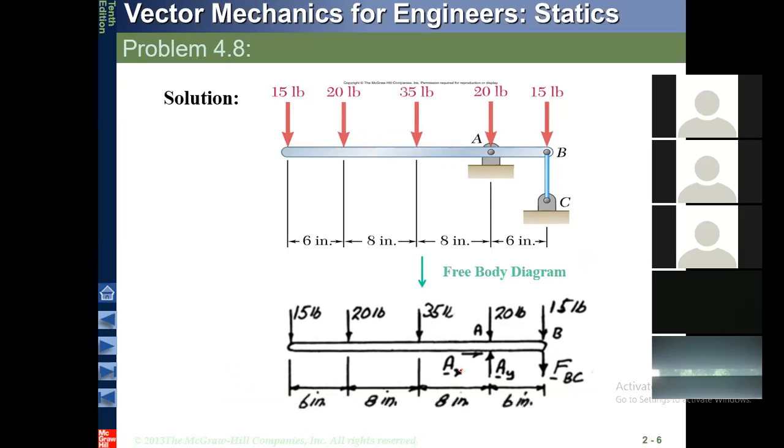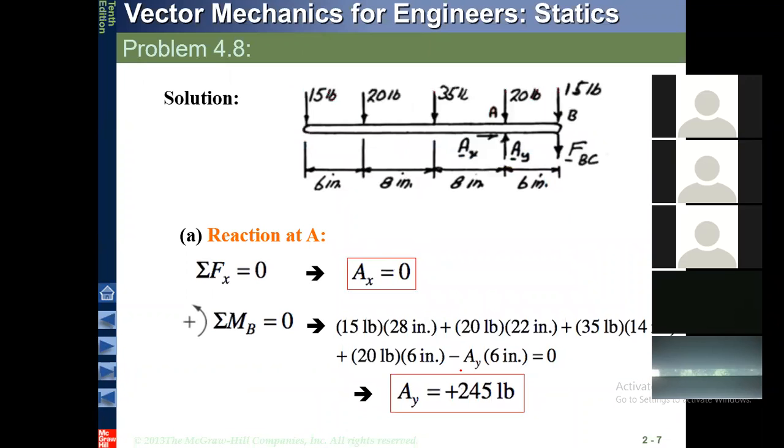But well, no, you should always start with the simplest cases. So for example, here you can write sigma Fx equal to 0, and because there are no forces in the x direction, then Ax should equal 0.